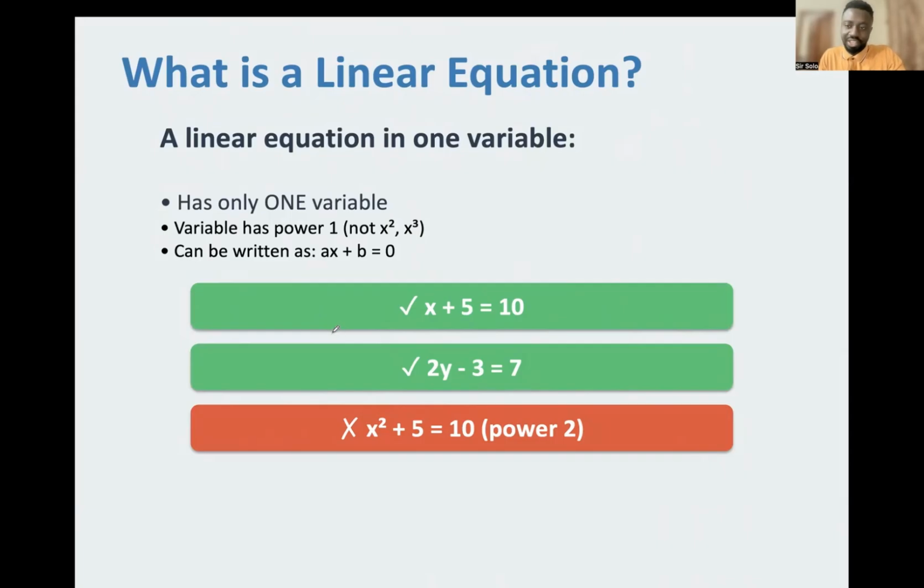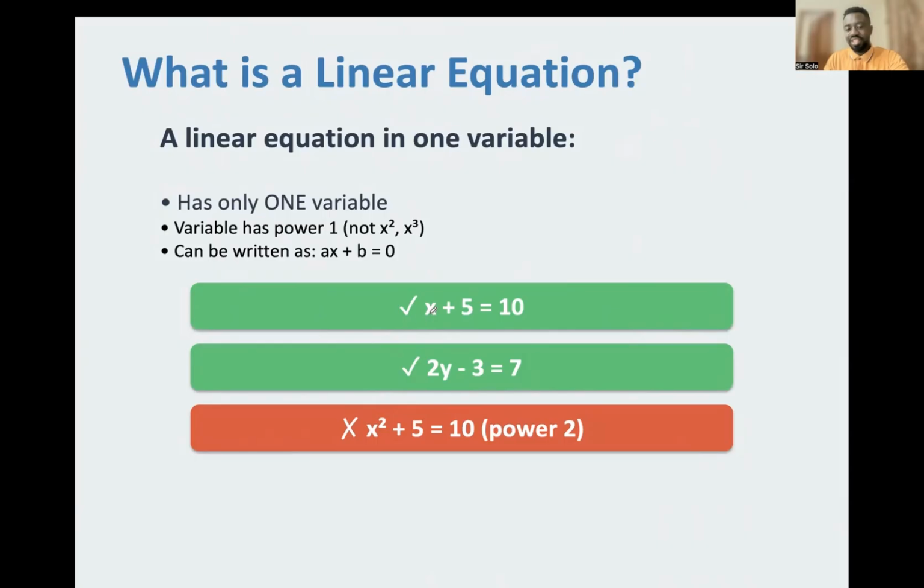So what is a linear equation? A linear equation in one variable: first, it is an equation. A linear equation has only one variable in the whole equation.